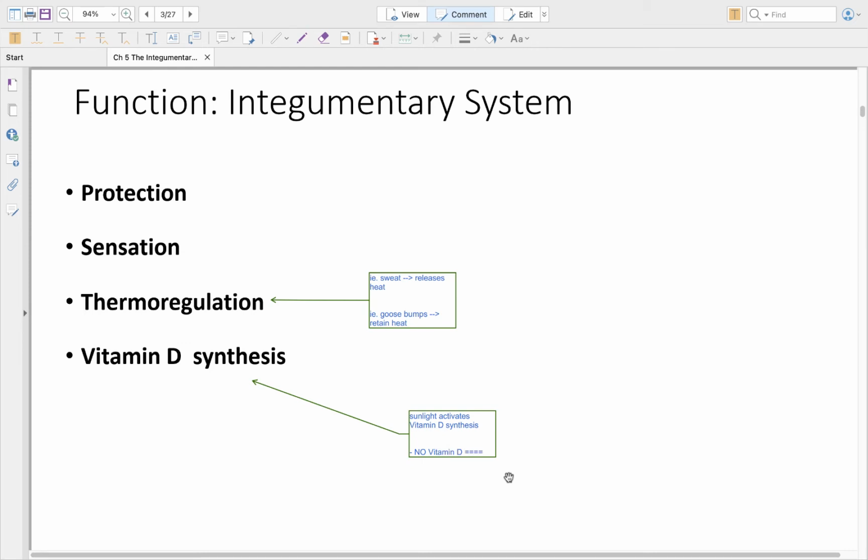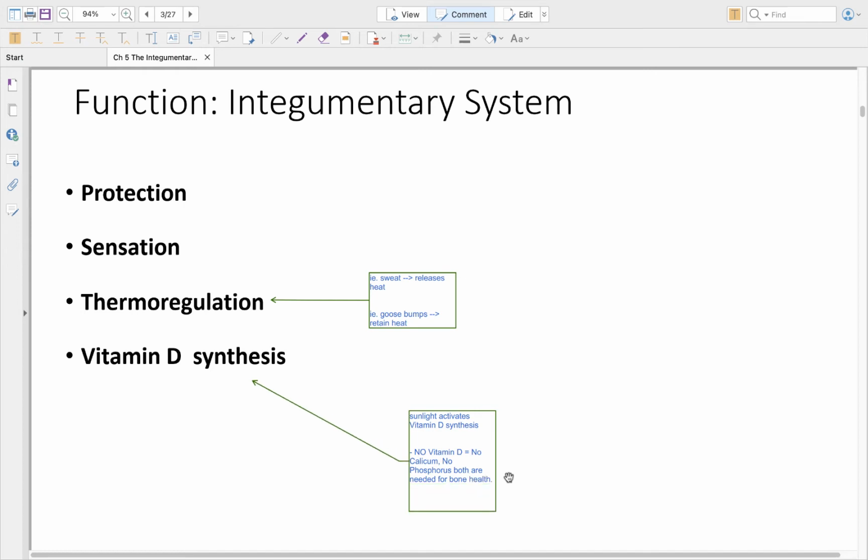No vitamin D equals no calcium, no phosphorus, which are needed for bone health.